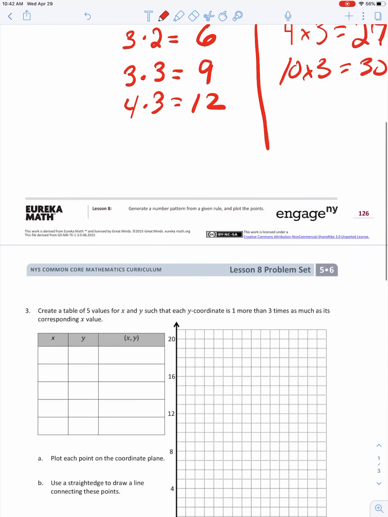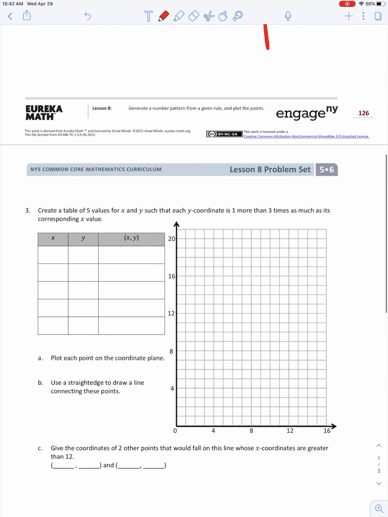Now, there are some patterns that are a little more complicated. So the next one we did was create a table for 5 values, x and y. The y coordinate is 1 more than 3 times as much as its x. So what we have to think about was, what would that look like? So I'm thinking 1 more than 3 times x.